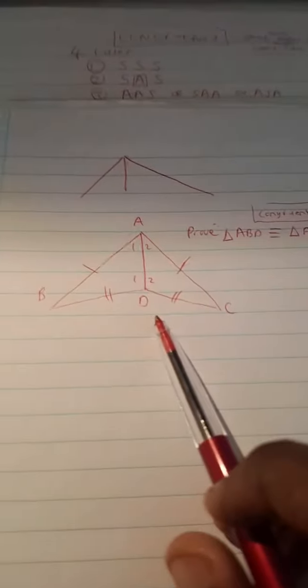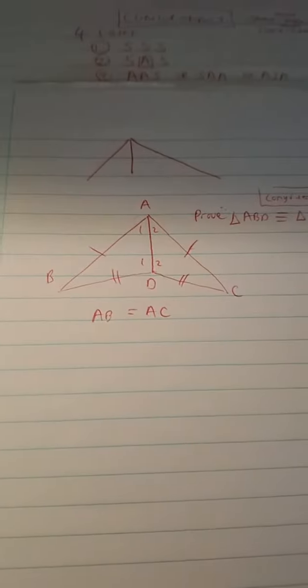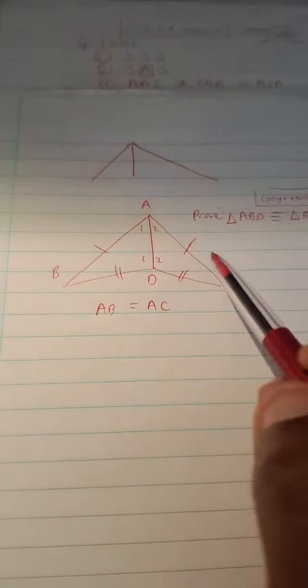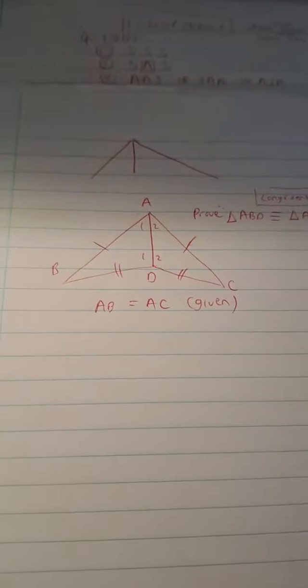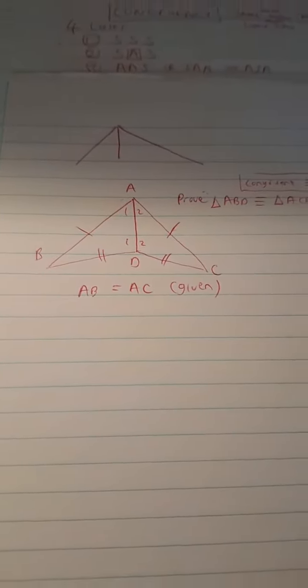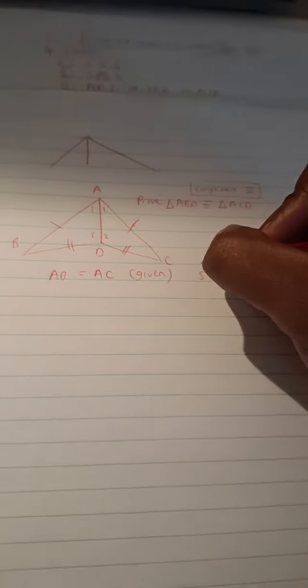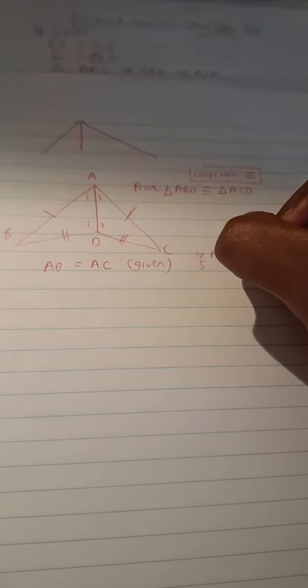So when we go to the diagram, it's very clear that we can see that AB is equal to AC. What is the reason? It is given. Thank you, Lifa. That basically gives us our first pair of what? Of equal sides.